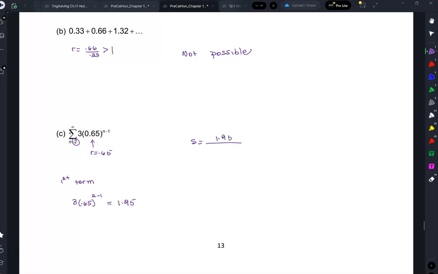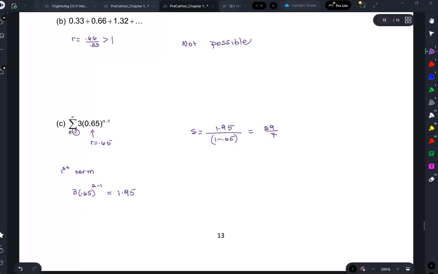So this is 1.95 over 1 minus r, and that will be 29 over 7, actually. You would get a calculator for that one. So this is an infinite series. It's just that we're not starting at the first one. We're starting at the second one and adding them up.